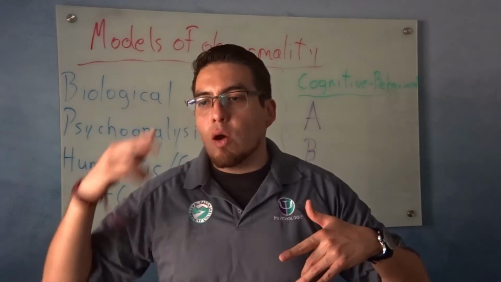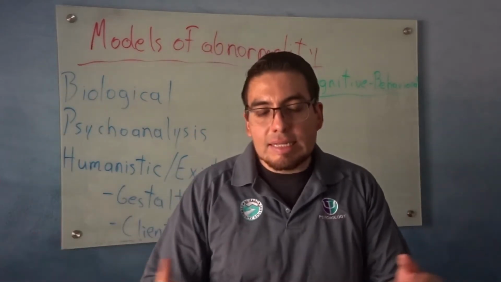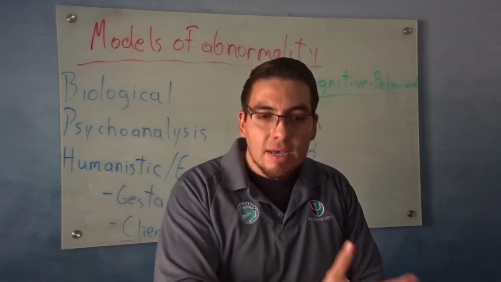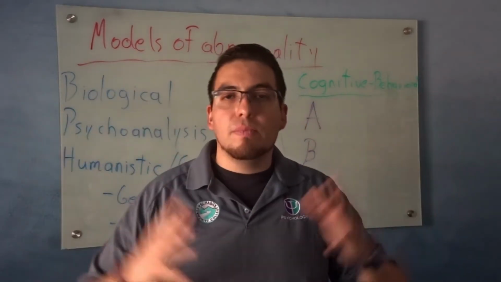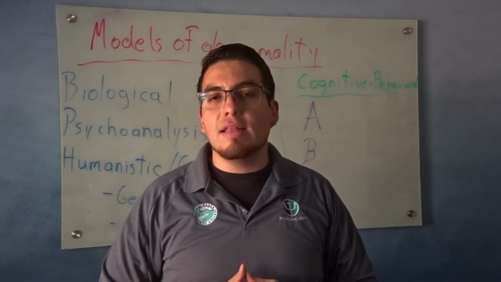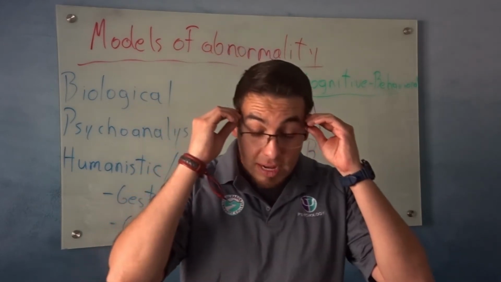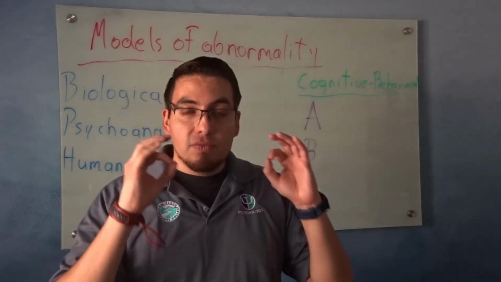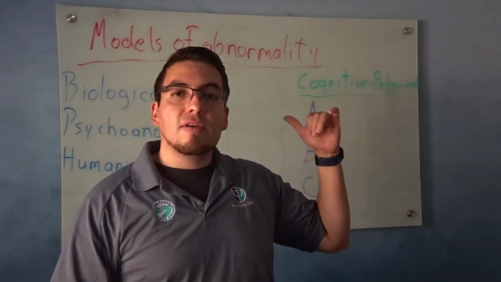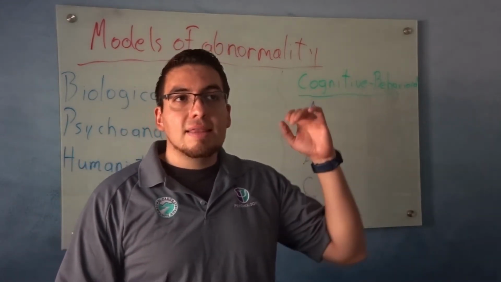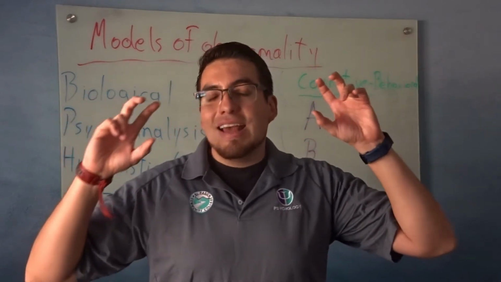In the end, a wise man comes in and tells them, if you combine every idea that each one of you has, you'll be able to better understand what the elephant is like. It's a beautiful analogy because it applies perfectly to this lesson. We're going to talk about models of abnormality, and there are different models.